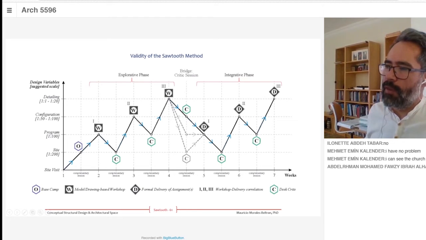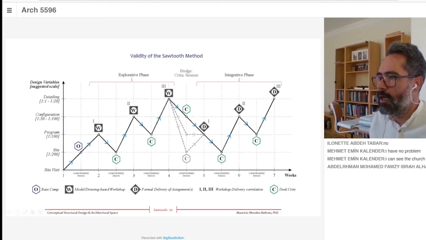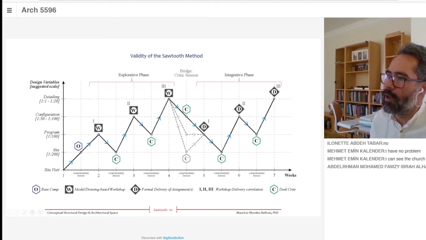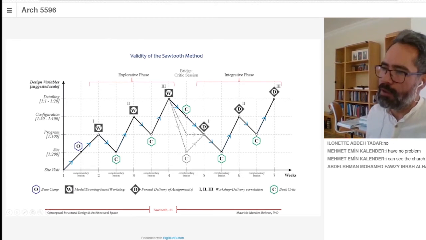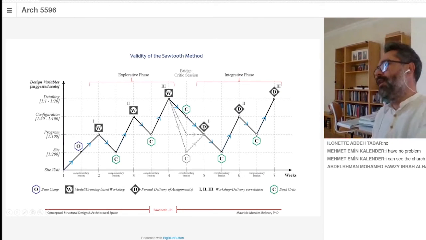The main goal with this critic is to give them time to reflect on what they have done in those workshops. So in this first stage, there is absolutely no delivery. And then you can go back to the beginning or close to the beginning and start working with deliveries that become more complex as they grow in time. This is when they integrate all that knowledge that was explored and brought on the table, in this second phase.